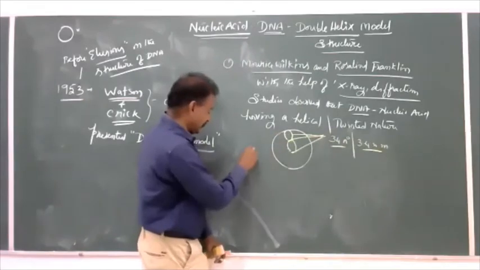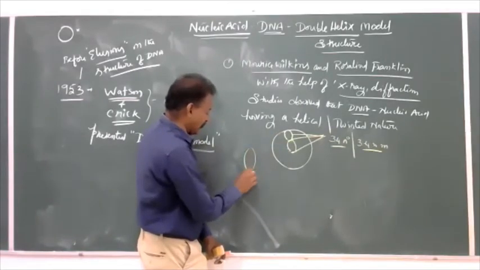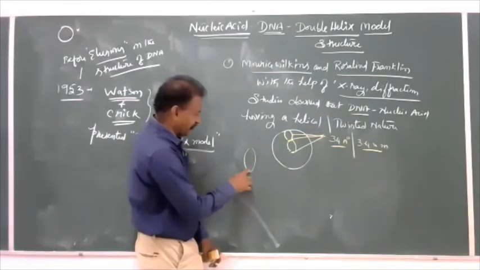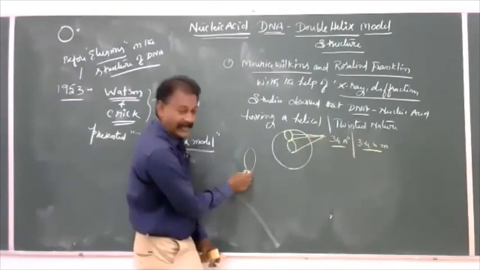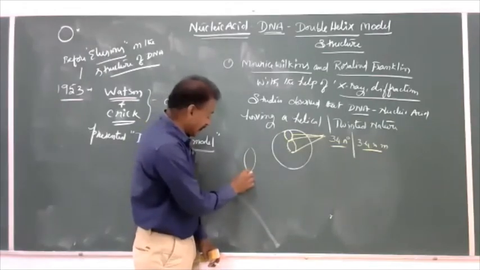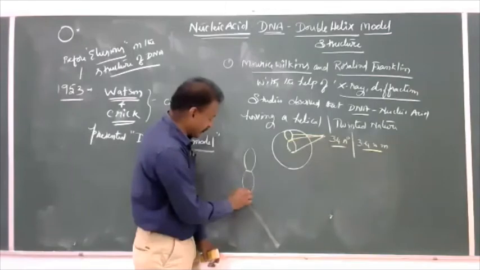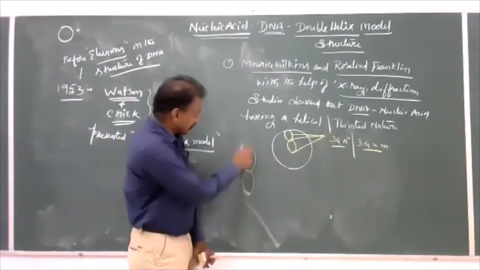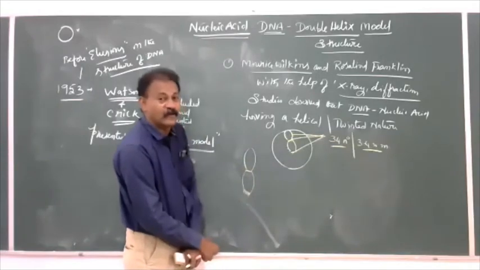So there is a coil, it has a free structure like this, and at a distance of 34 angstroms or 3.4 nanometers, they were folded, which gives a dark band. Again, they were split like this, and after 34 they were again folded. They thought that the DNA molecule is like that.